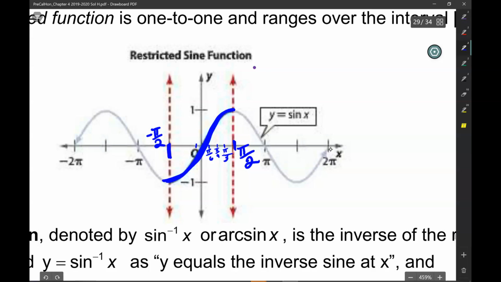And then on this side, there is negative pi over 6, negative pi over 4, negative pi over 3. So, in other words, this inverse sine is only going to exist for these angles. How many angles are there here? 1, 2, 3, 4, 5, 6, 7, 8, 9.